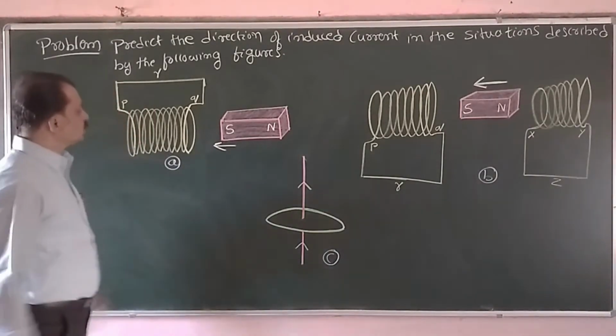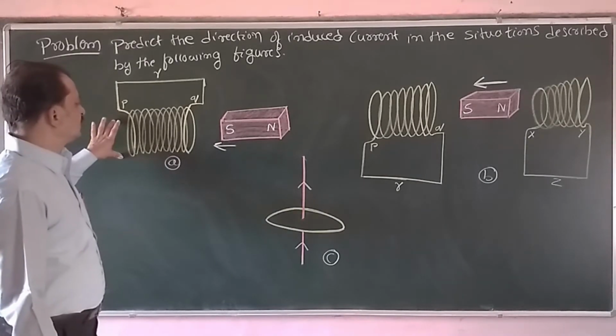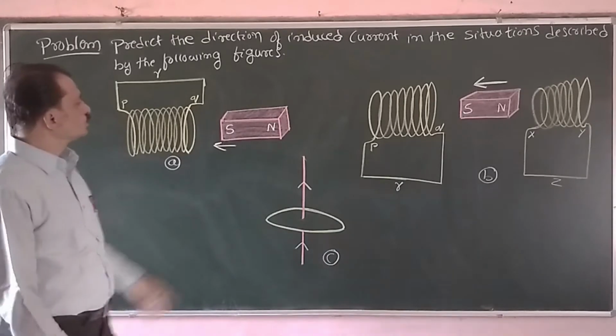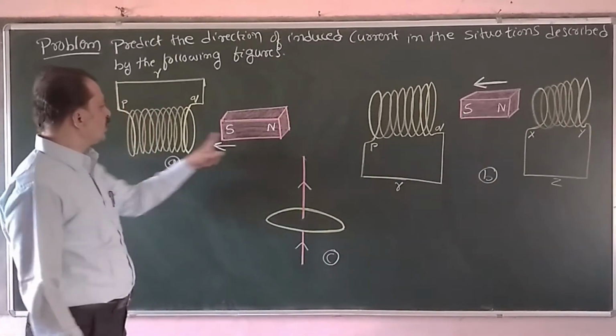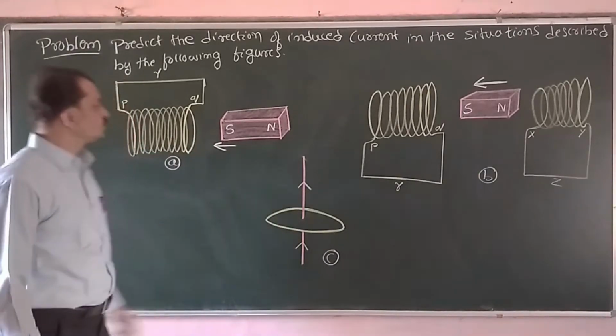Now look at the first diagram, A. We have a coil and its ends are represented by P and Q. There is a bar magnet whose south pole is moving towards the coil as indicated by the arrow mark.